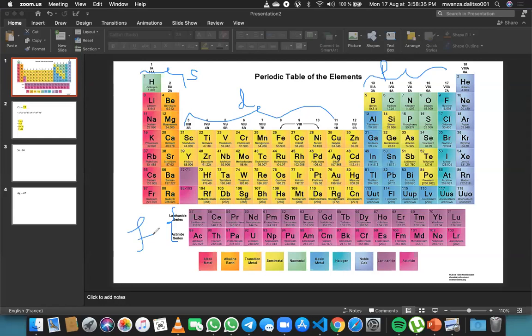Another thing about the periodic table is that each period can help us find out how many energy levels an atom is going to have. Take, for instance, sodium. Sodium has an electron configuration of 2,8,1, so it has three energy levels and is found in period 3.